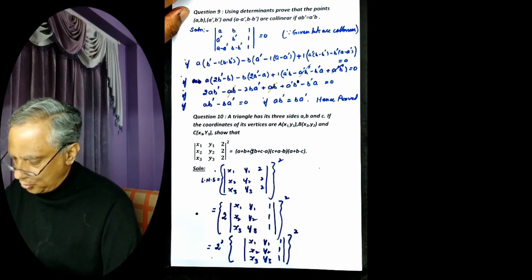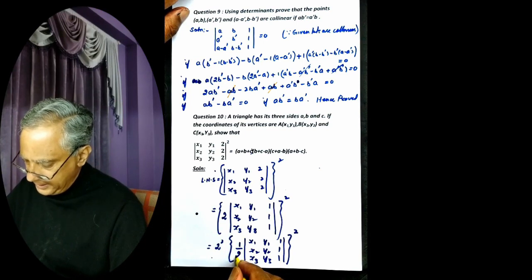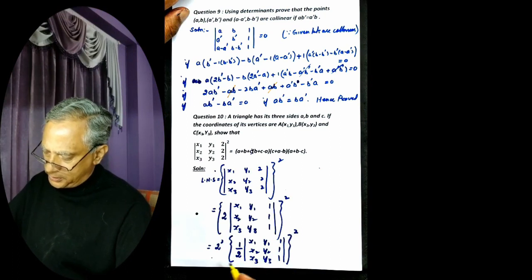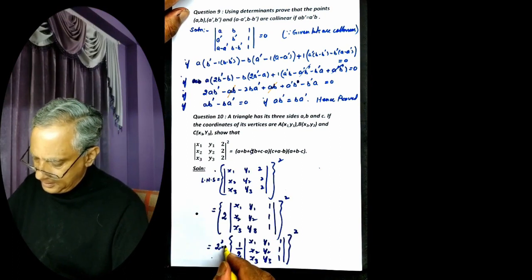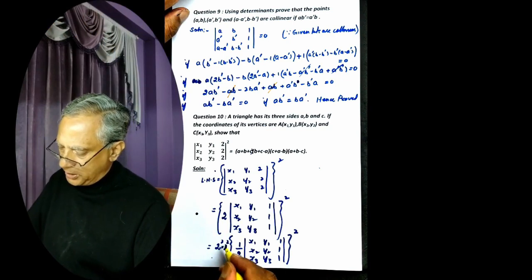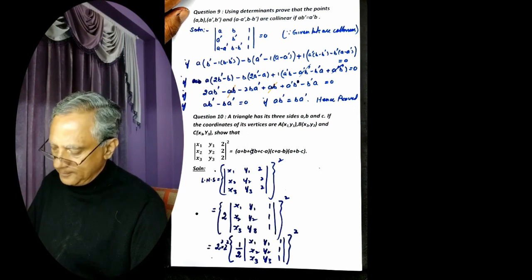And this whole square. What we do is, we divide here by 2. So in order to adjust it, we will have to multiply square. So 2 square will cancel, and we get this back.